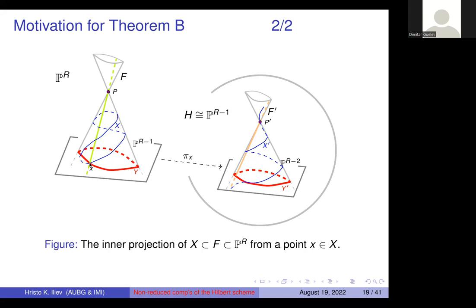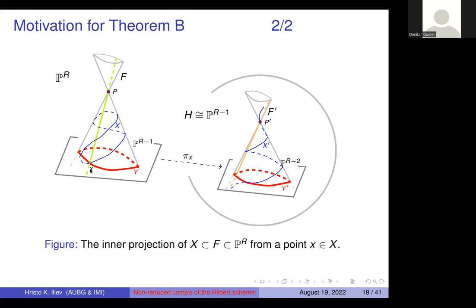So I start here with such a linear projection to a hypersurface in PR, and it's easy to see that it extends in fact to a morphism. And further on, if you think of a line that passes through X and another point on the cone and hits the hyperplane H, then you can also visualize the image of the cone F that I have here.